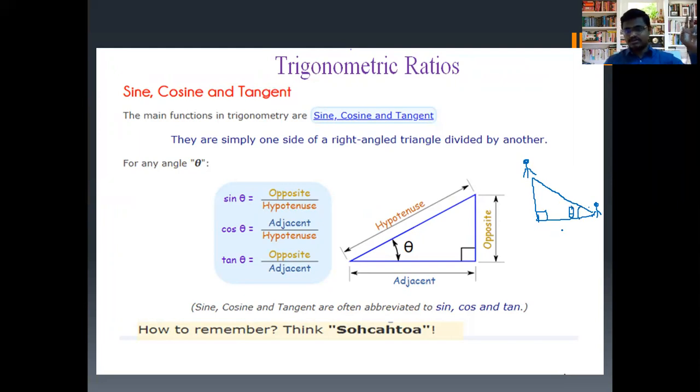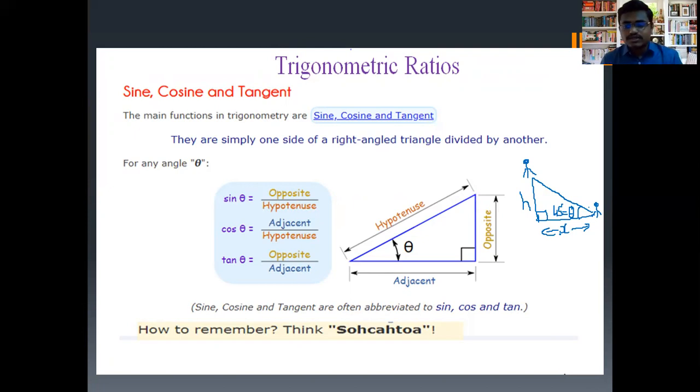Why? Because she can see you directly. The angle depends upon the head movement, so the angle will keep on varying. Let's say this is 45 degrees or 50 degrees, whatever it might be, this is the school height, and we don't know how much distance she needs to travel to reach the school.